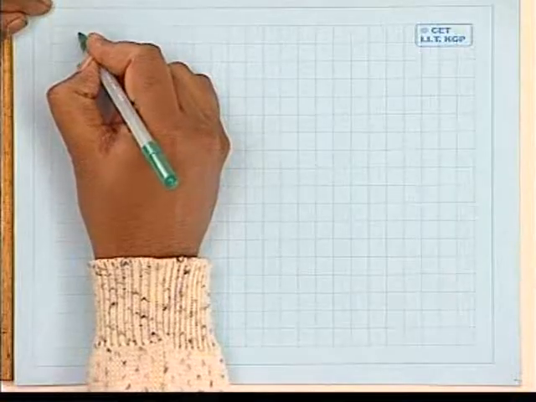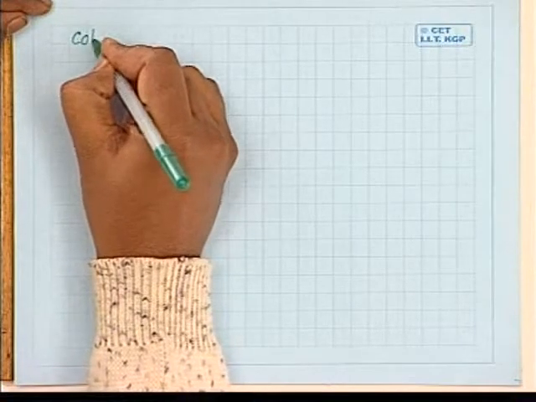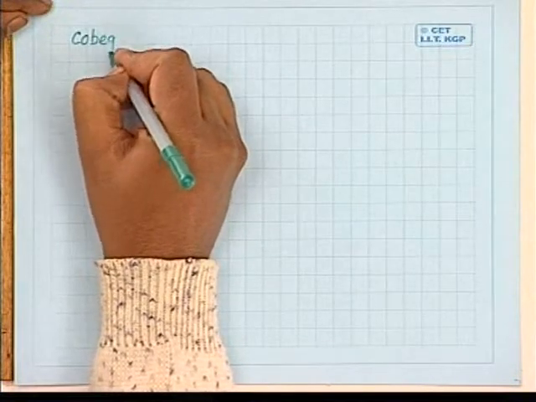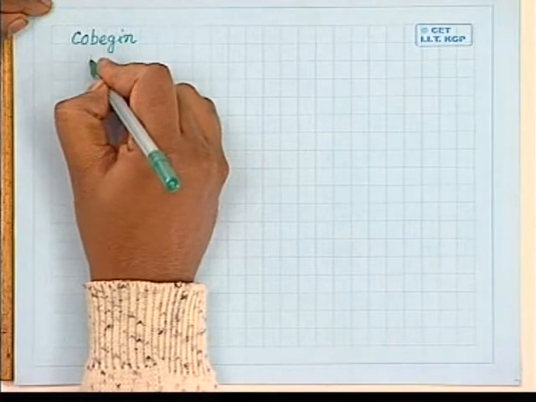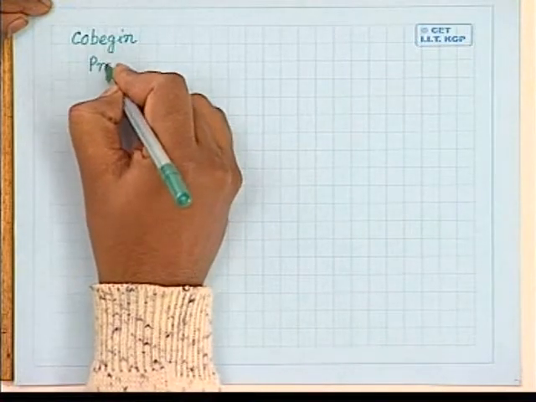So we'll put co-begin, and under co-begin, let us first write the code for the producer process.